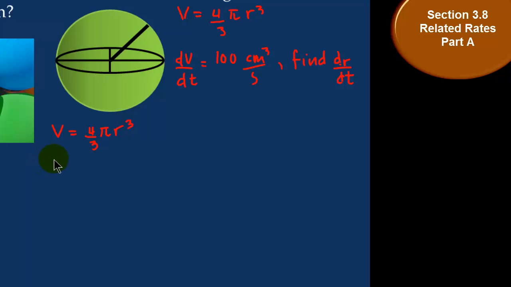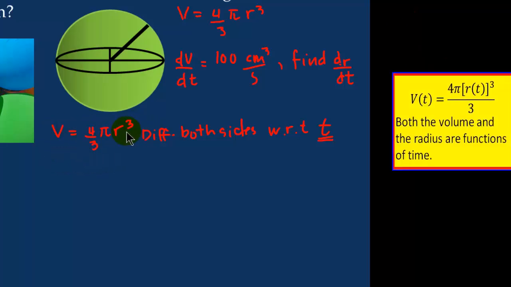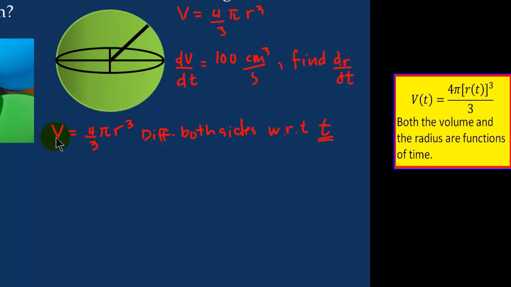And what we're going to do right now is to differentiate both sides with respect to the variable t, as in time t. So if I differentiate both sides with respect to t, that means the volume changes with time, the radius changes with time, so each of these variables are functions of time.